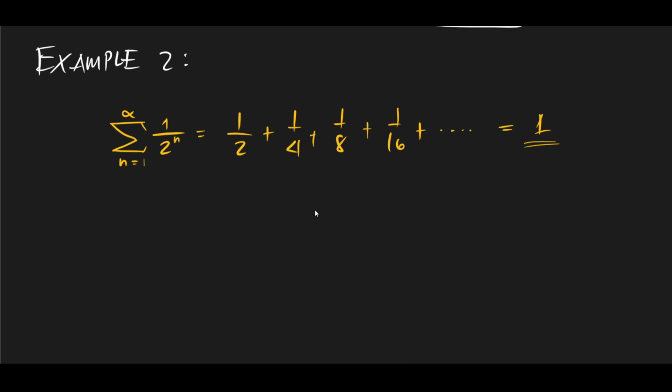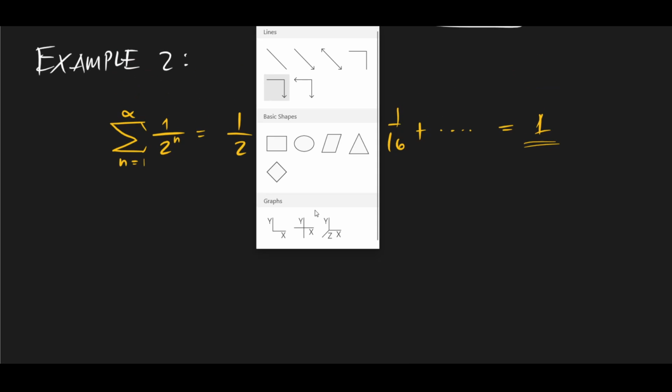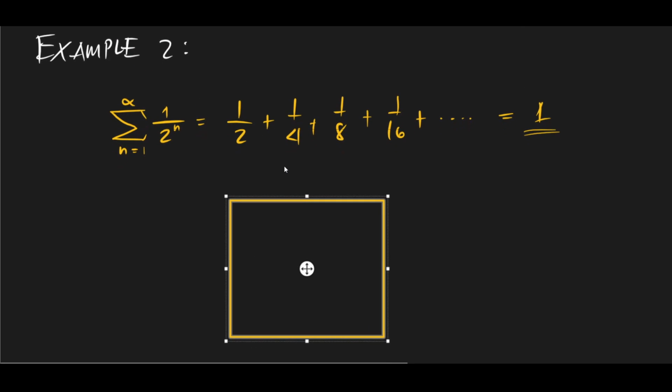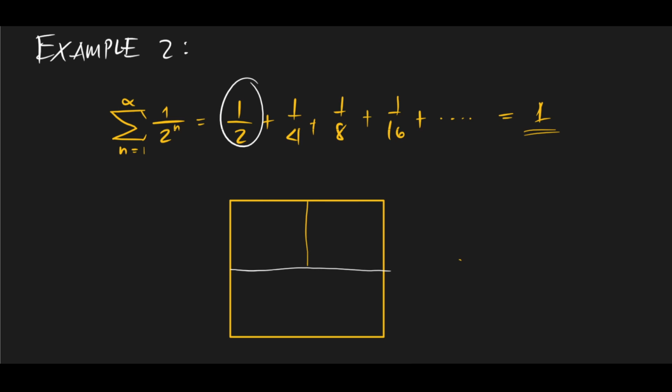You can actually view this geometrically. Let's say we have a square and we divide it by 2. So this is 1 half of the square, and another 1 half. Then we have our 1/4.